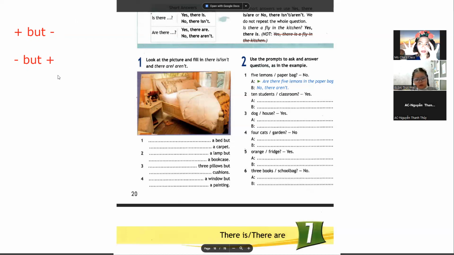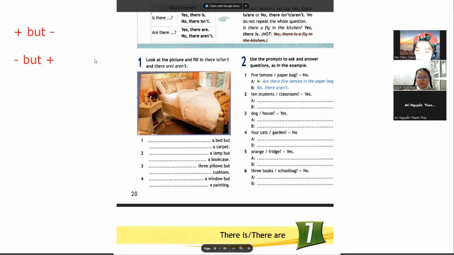Positive but and then negative. We use that but to connect two ideas that are contradicting or not the same. Positive negative or negative positive. We use but in the middle to connect them. Okay? Very good.